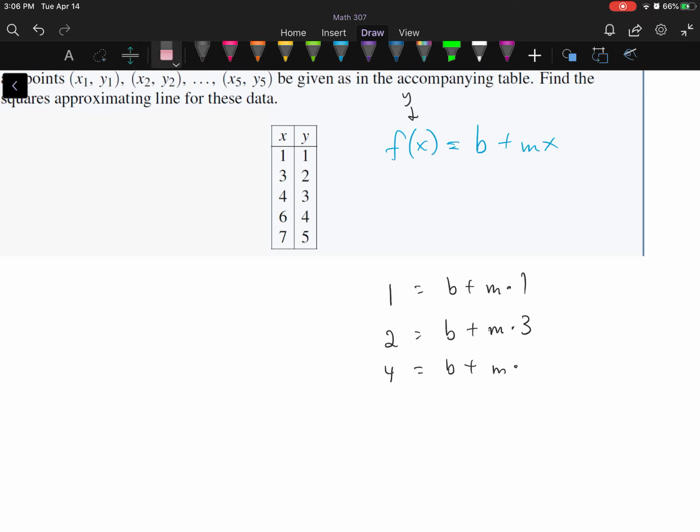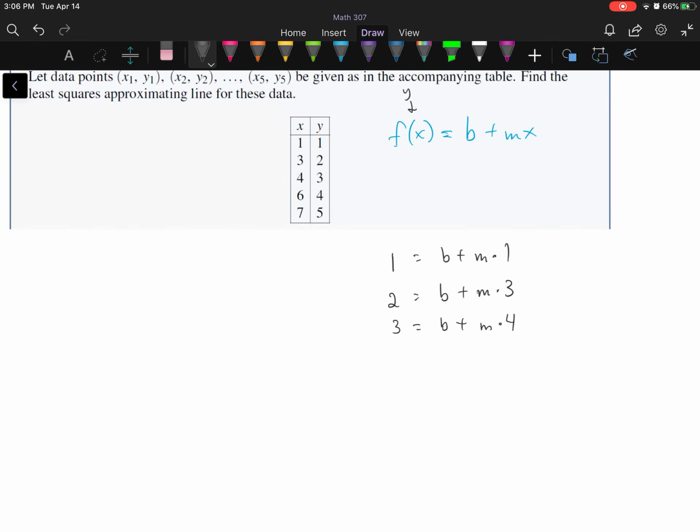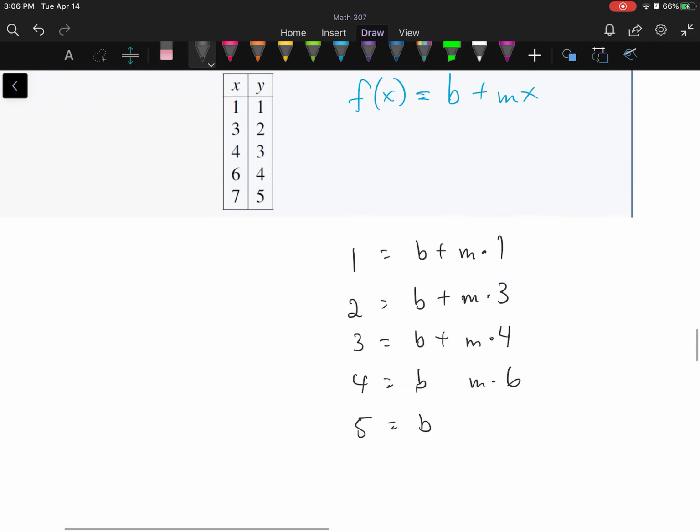Shoot, messed that up. The y value is 3, the x value is 4. And yes, there's 2 more. I'll do it real quick. I wrote an equal sign in that problem. There we go.